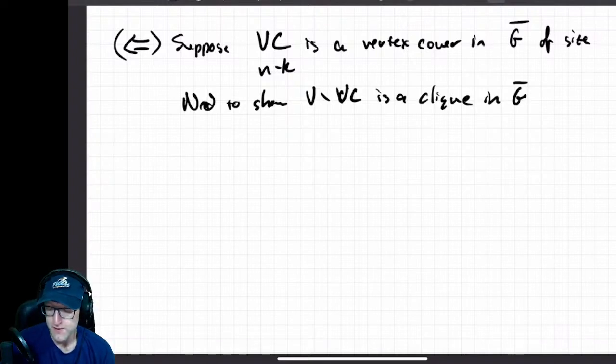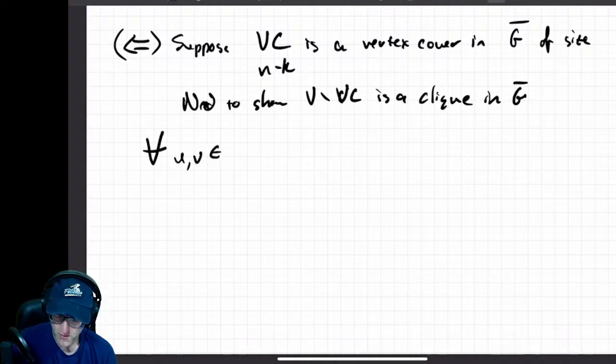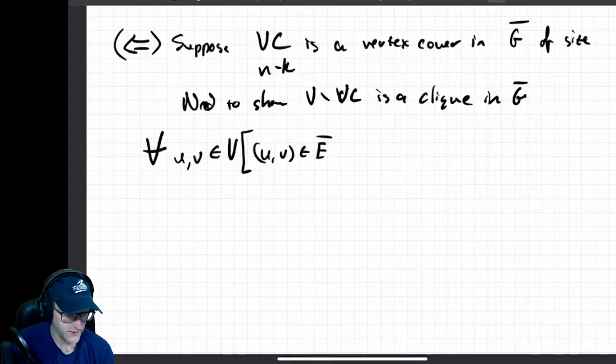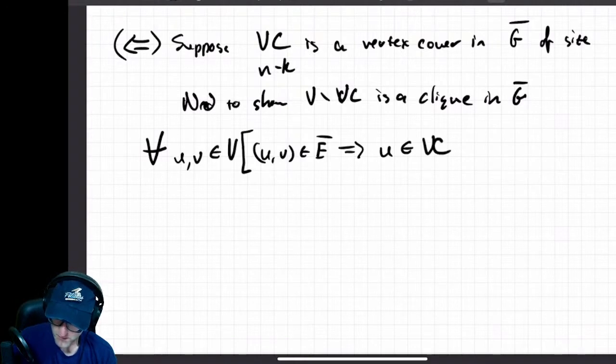So what is the definition of a vertex cover? Let's just use logic. For all vertex pairs u and v, uv is in the complement edge set implies that u is covered, or v is covered. VC covers the edge.